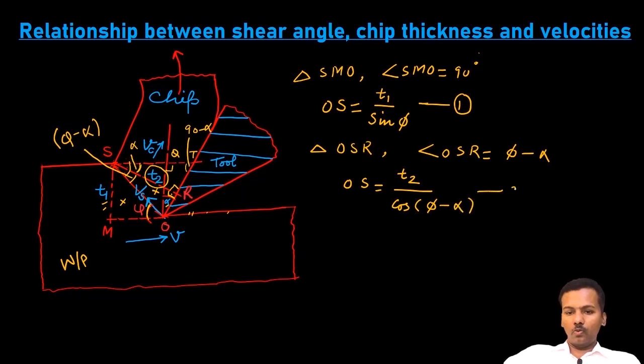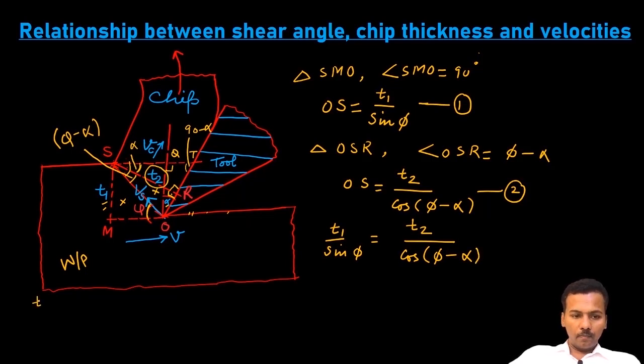This is equation 2. Now equate equations 1 and 2. We can say T1 upon sine phi equals T2 upon cos of phi minus alpha.